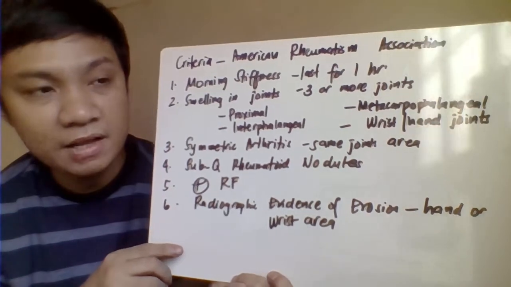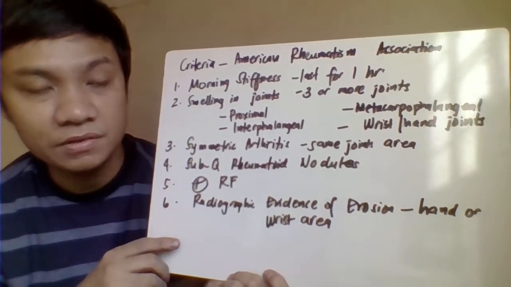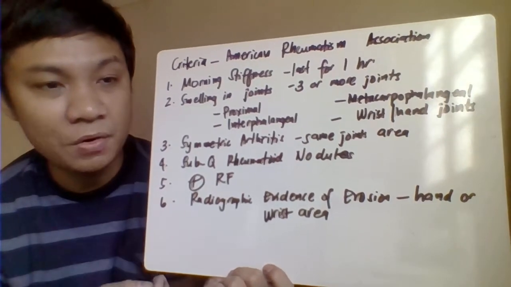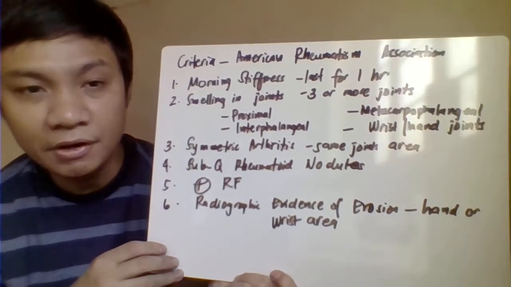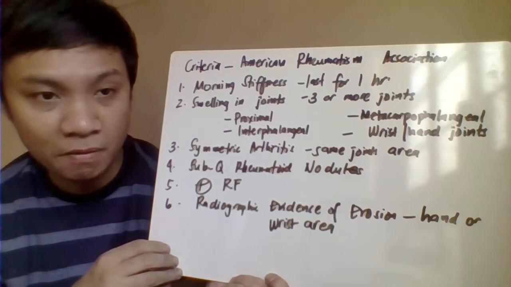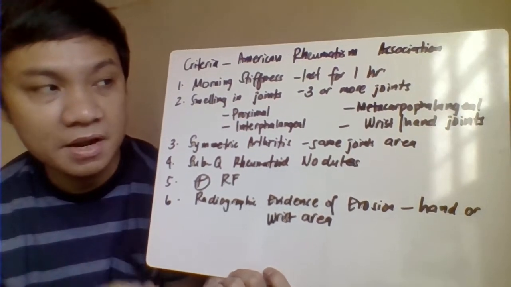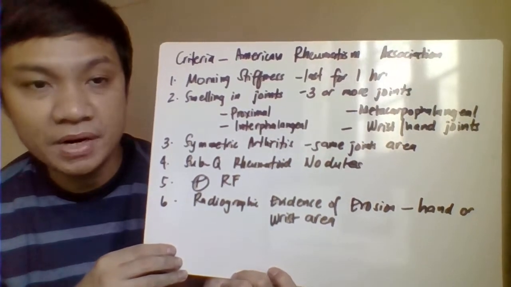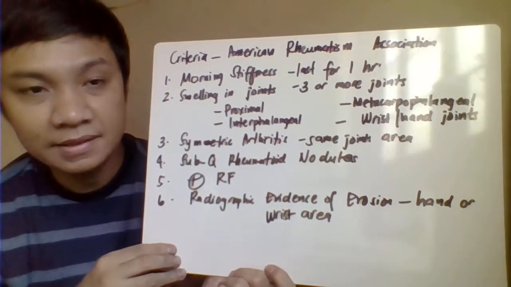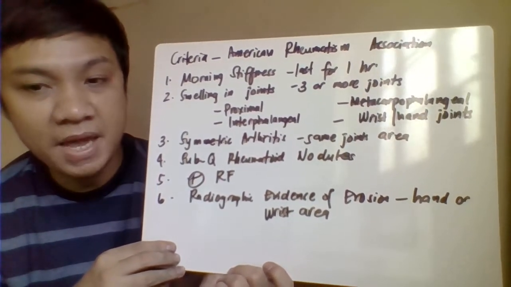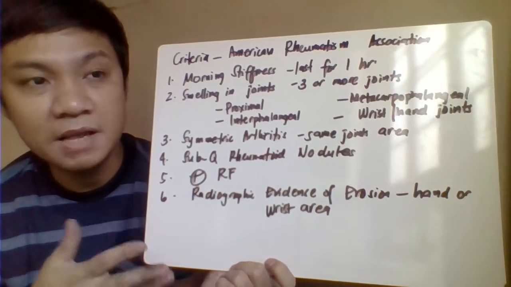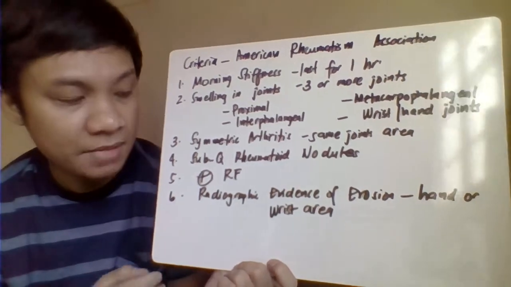Second one, we have the swelling of your joint tissue here, which involves 3 or more joints. It involves here the proximal interphalangeal, metacarpophalangeal, and we have here the wrist area or the hand joints area. Third one, with the presence of your symmetric arthritis, characterized here by the pain in your joints, which involves the same joints at the same time.